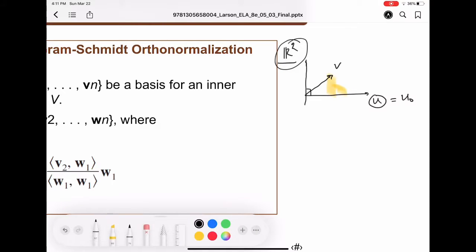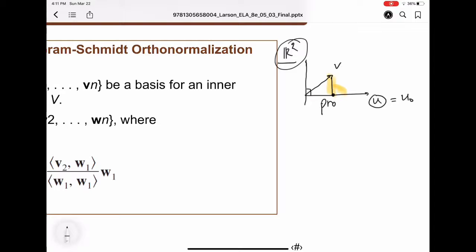And then this vector and this vector are equal. That is nothing but v minus the orthogonal projection of v onto u. And this vector, which I denote by u1, will be orthogonal to u0.